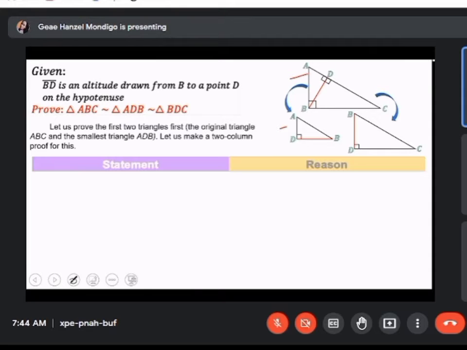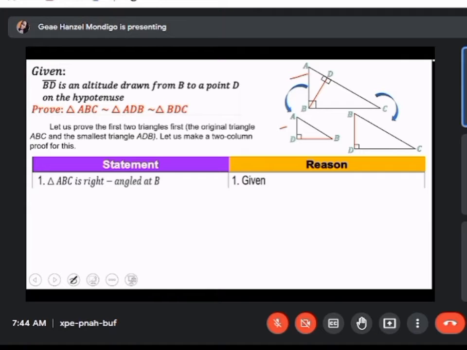So we have here the statement and the reason. First, our triangle ABC is right angled at B. So we have an original triangle that is angled at 90 degrees, same with your smallest triangle. So this is our given.